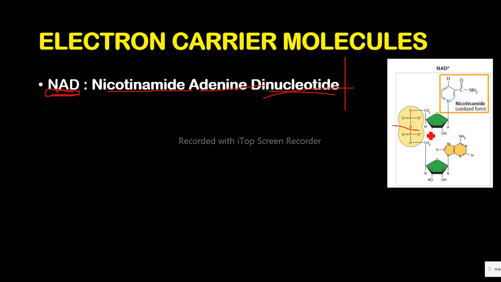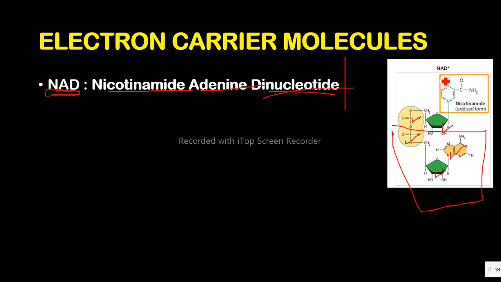You have this one nucleotide where you have a ribose sugar, an organic base, adenine, and then a phosphate group. Then this is another phosphate group, a ribose sugar, and a base.